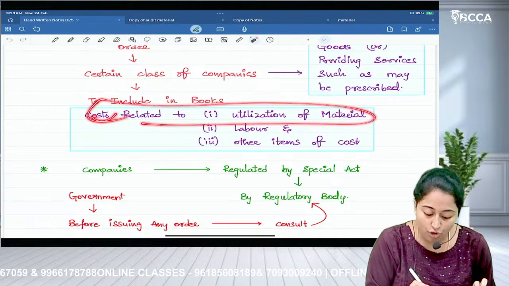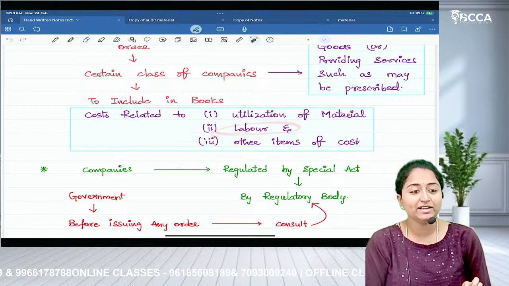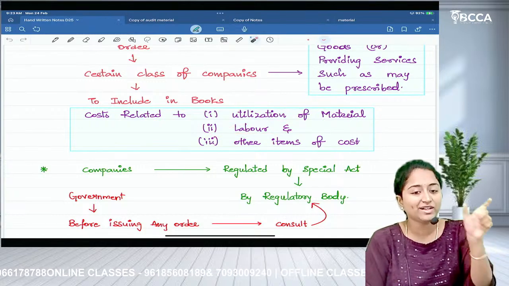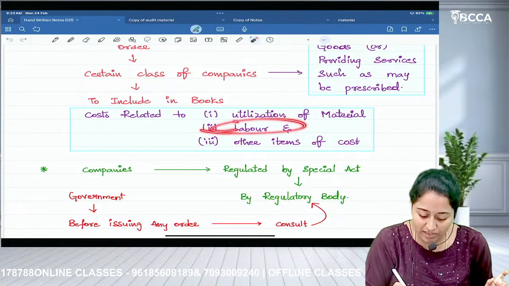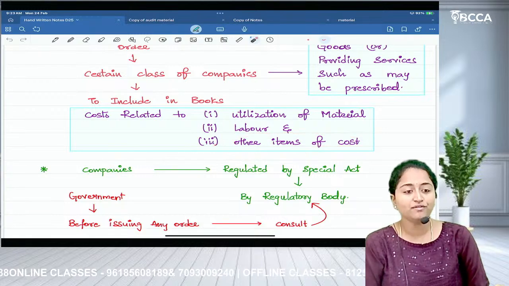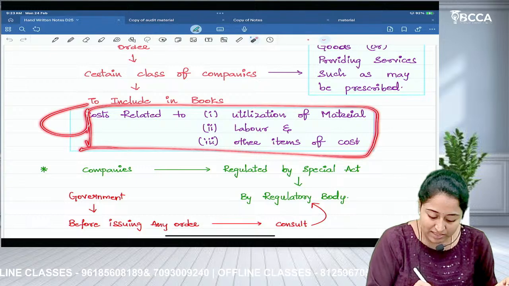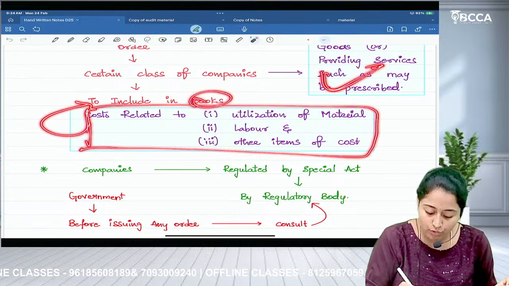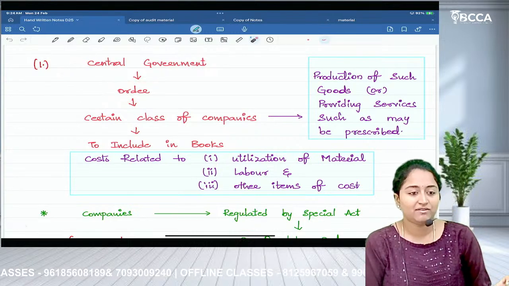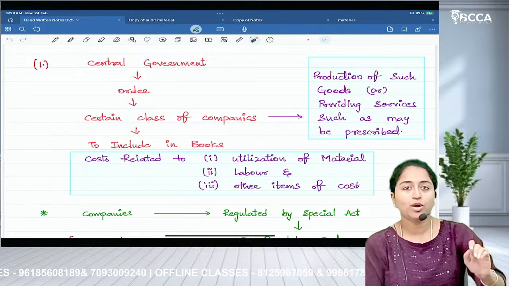Regarding all those, cost information has to be included in their books. And regarding labor, how many laborers there are and how much cost is incurred for that labor, that information also has to be included in their books, along with other items of cost. Regarding all this cost related information, this class of companies has to include it in their books. This order can be given by the central government. This has been told in 148 subsection 1. So what is this telling?